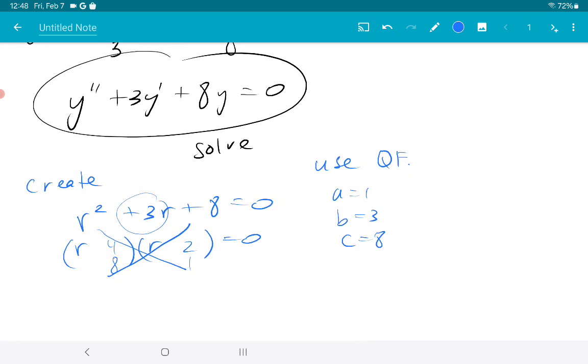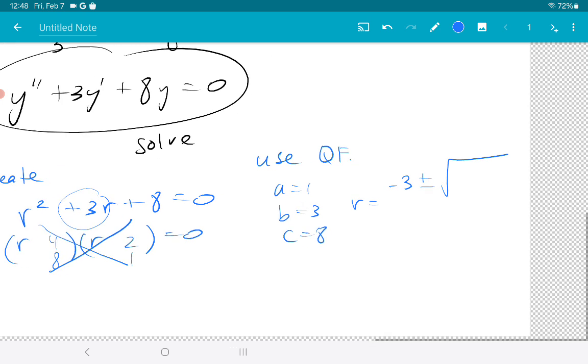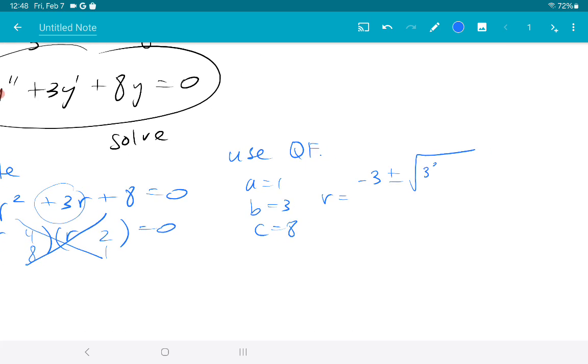So we get our roots now: negative 3 plus or minus the square root of 3 squared minus 4 times 1 times 8, because that's 4ac, all over 2 times a. Let's simplify that out. Isn't this 9 minus 32? 4 times 8 is 32, all over 2.